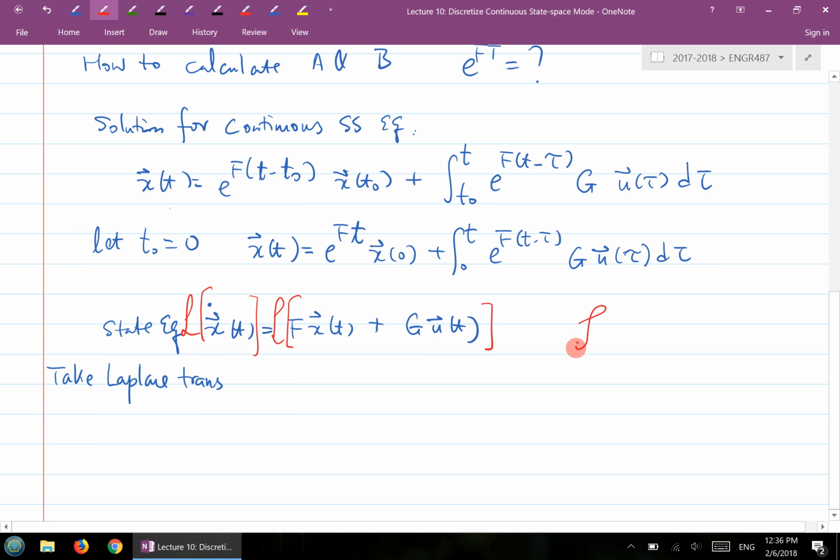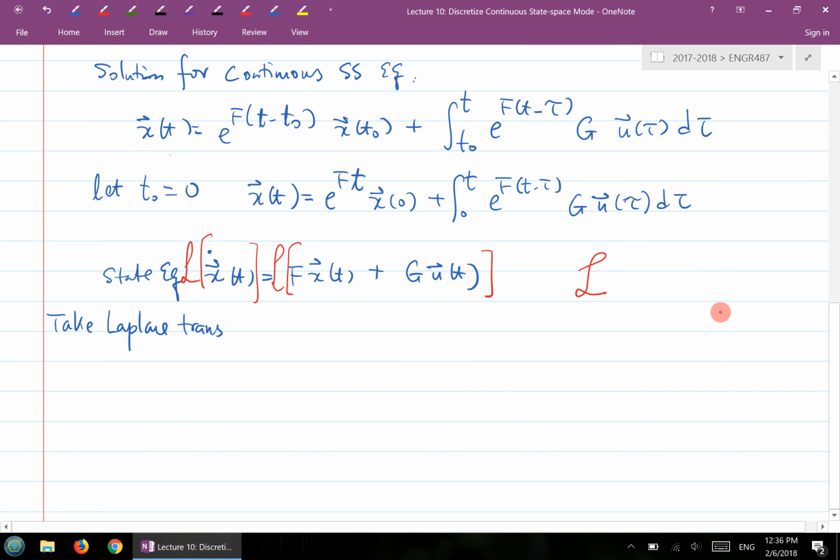For the left side, this is a derivative term, and if you recall, when you take the Laplace transform of a derivative, the left side becomes s times capital X of s, and then you have to take the initial condition into consideration. So that's what this looks like, and this s here is the derivative.